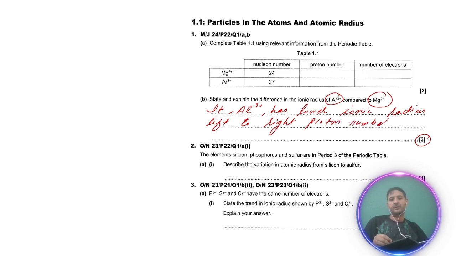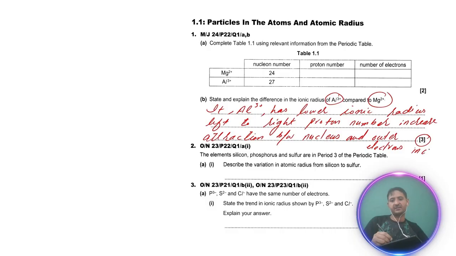So the forces of attraction between the nucleus and the outer electrons, outermost electrons, increase.